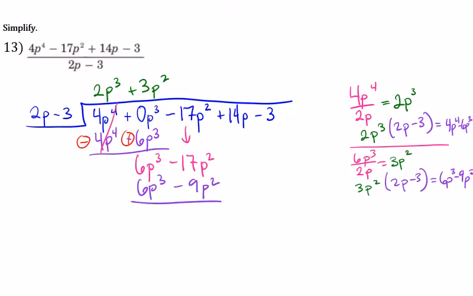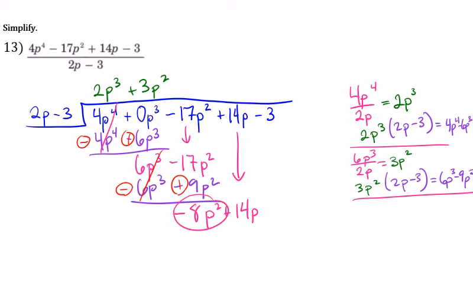Okay, we change the sign, so this becomes a negative, this becomes a positive. These cancel out like they should, so we end up with negative 17 plus 9, which is negative 8p squared, and then bring down the next term. So plus 14p, and now we go through the process again.